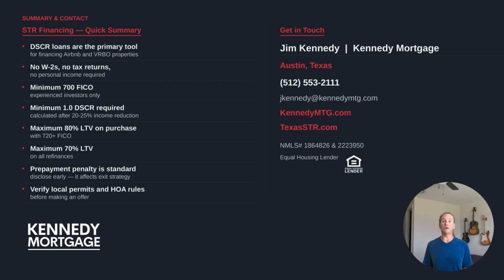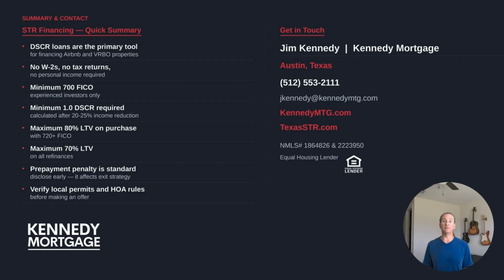The DSCR, the debt service coverage ratio loans, are the primary mortgage instrument being used today in this arena of short-term rental investment property. So once again, the property itself qualifies, the actual deal, the actual mortgage, as long as the monthly income covers the principal, interest, taxes, insurance, and HOA, at least at a 1.0 or higher, hopefully at 1.25.